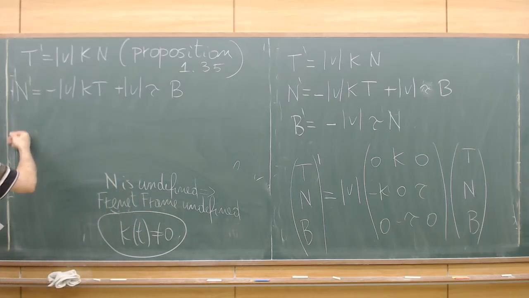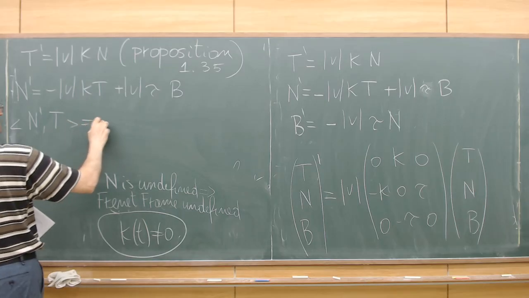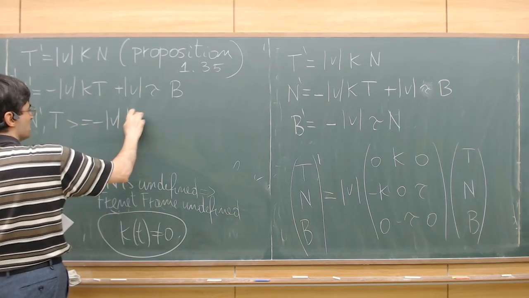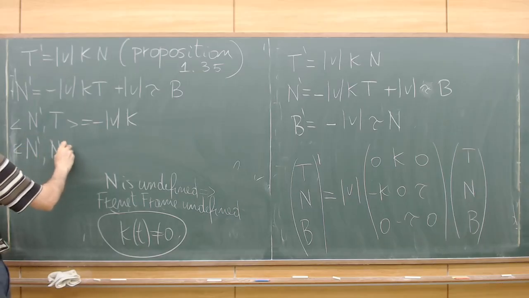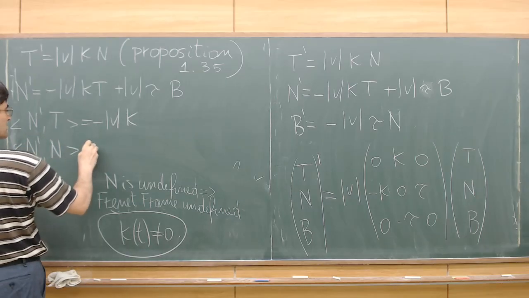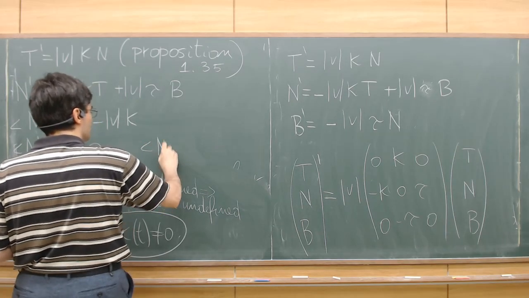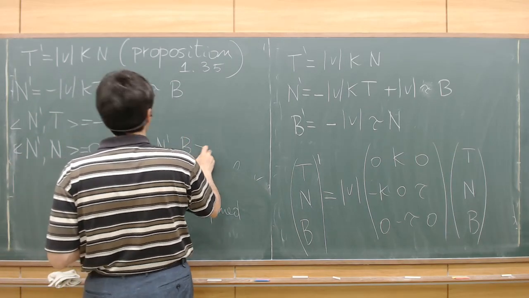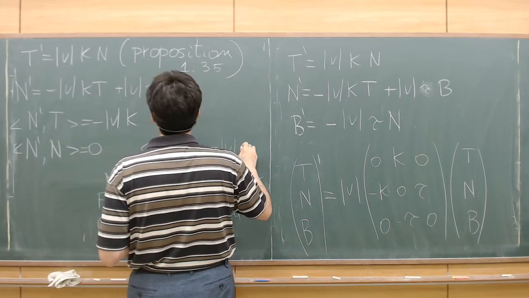We have to prove that n prime multiplied by t is minus the length of v times k, n prime multiplied with n is 0, and n prime multiplied with b is the length of v times tau.